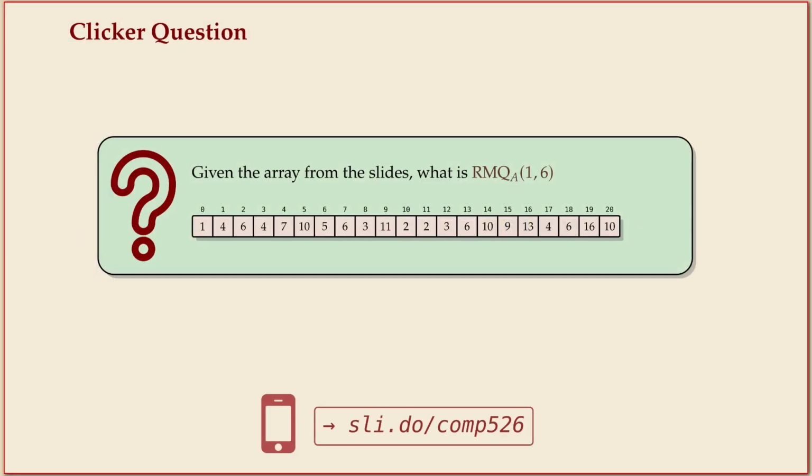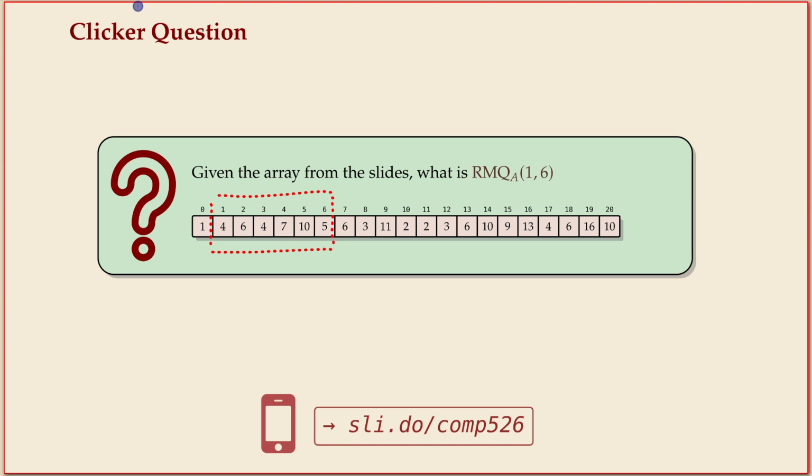Okay, so let me go through this. I want to draw this the same way. The range, first of all, that we're given, it starts at index 1 and ends with index 6. So the range we're looking at is this. That's the part of the array that we're focusing on, and only what's inside of this range matters.